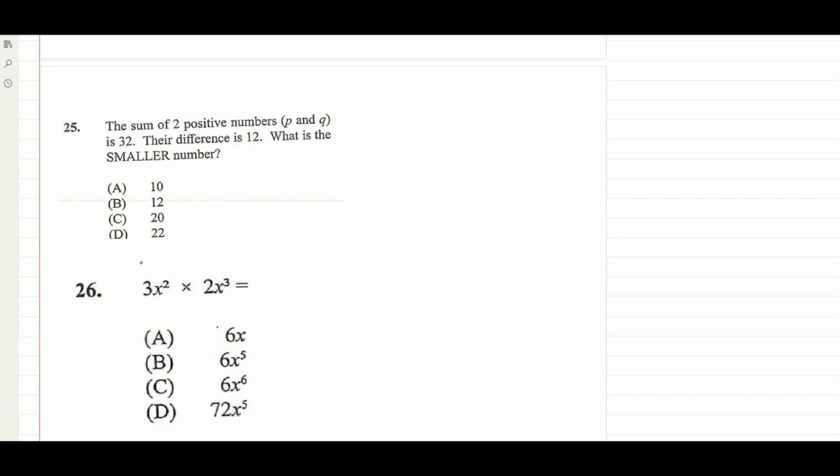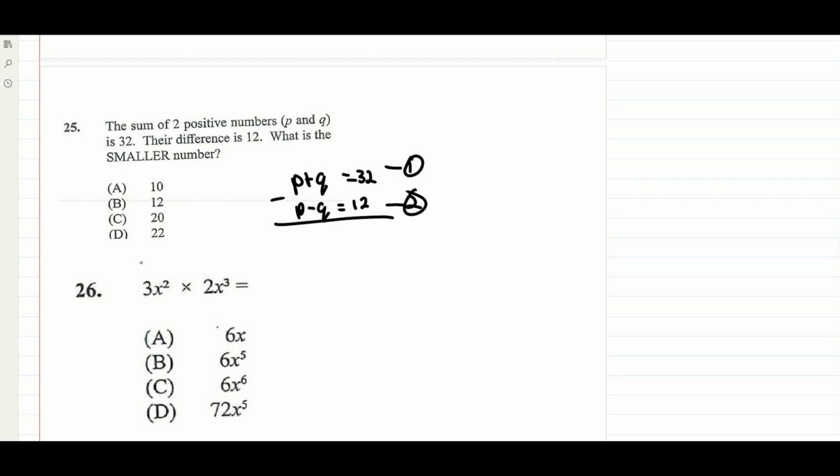The sum of two positive numbers, p plus q, that's what sum means, is equal to 32. Their difference, p minus q, is equal to 12. What is the smaller number? Okay, so this is simultaneous equations, very simple.